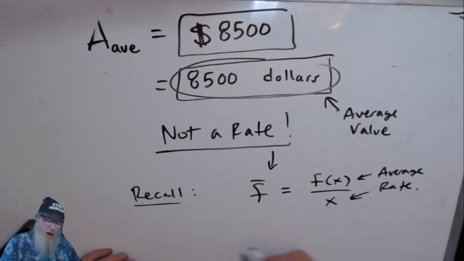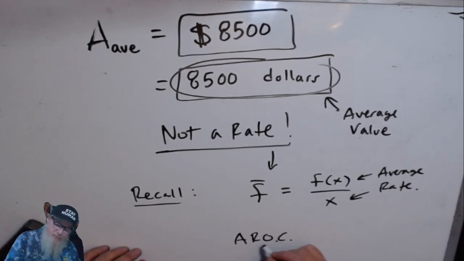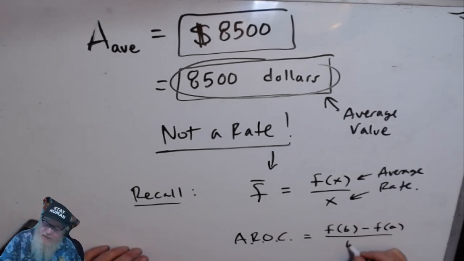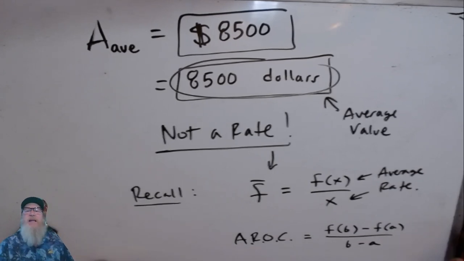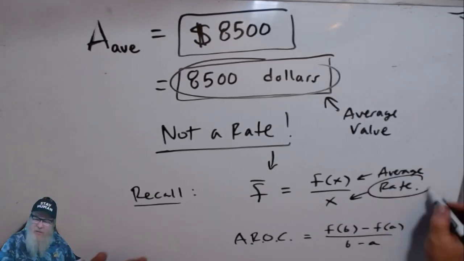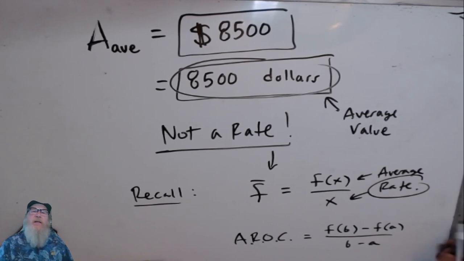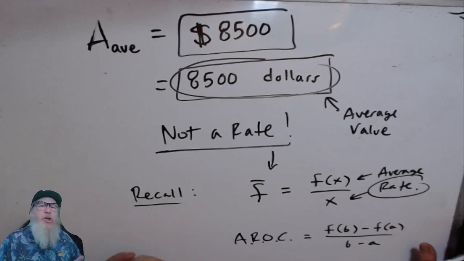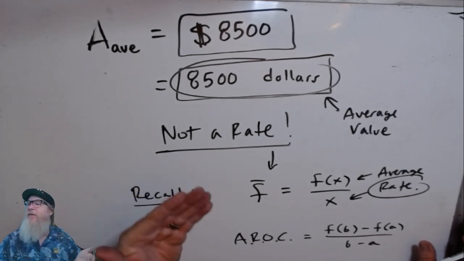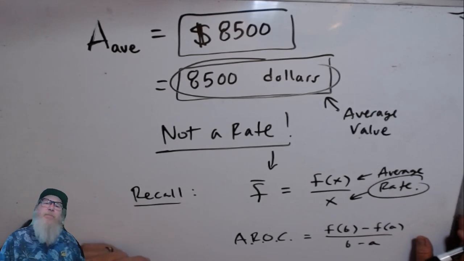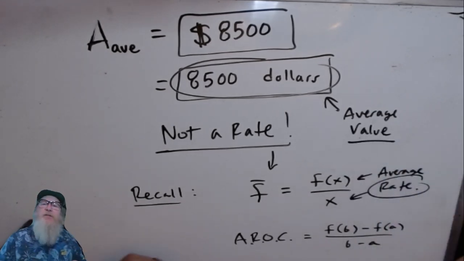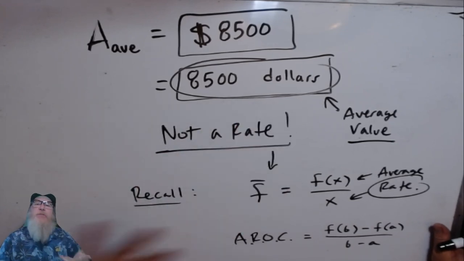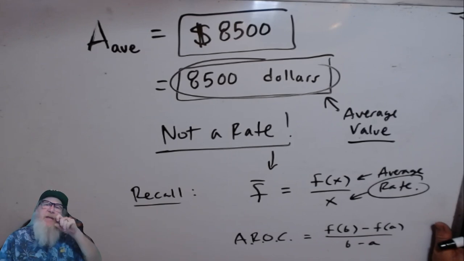Or we had the AROC, f of b minus f of a over b minus a. This also told us the average, but these were all in terms of rates. It would say, you're spending $20 per day, or you're making $500 per unit. There was always a per involved in there. This does not have that. Average value simply gives you a unit value in the number of whatever units we're measuring in. In this case, we're measuring in dollars. So the answer is $8,500.